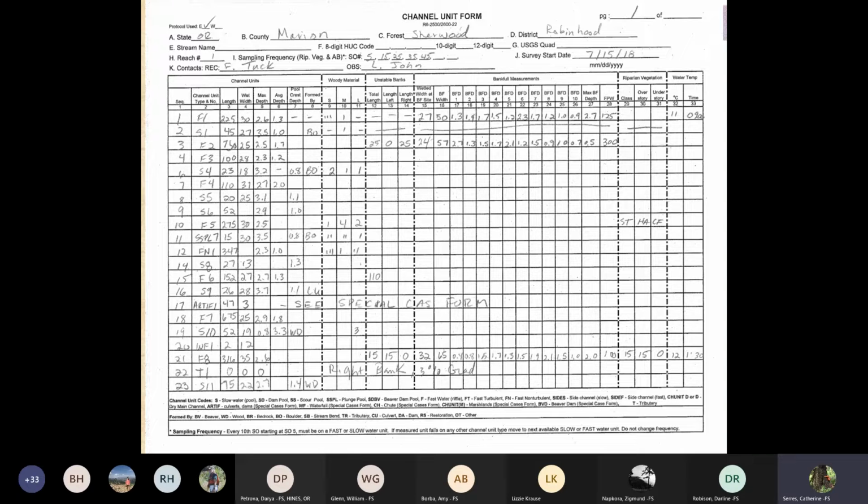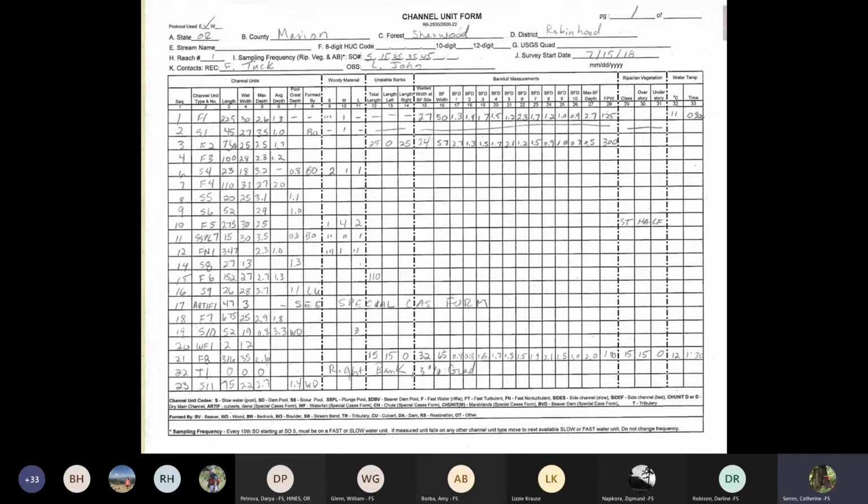Anything else? Another big one, when you're looking at unstable banks, I can't remember if it got covered or not, but you have a choice: you collect either the total or you collect length left and right. You don't generally do both. You can only enter the data one way or the other.